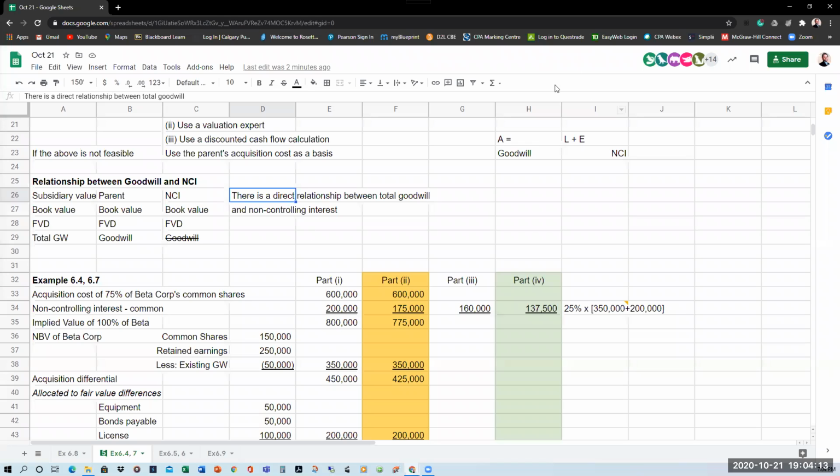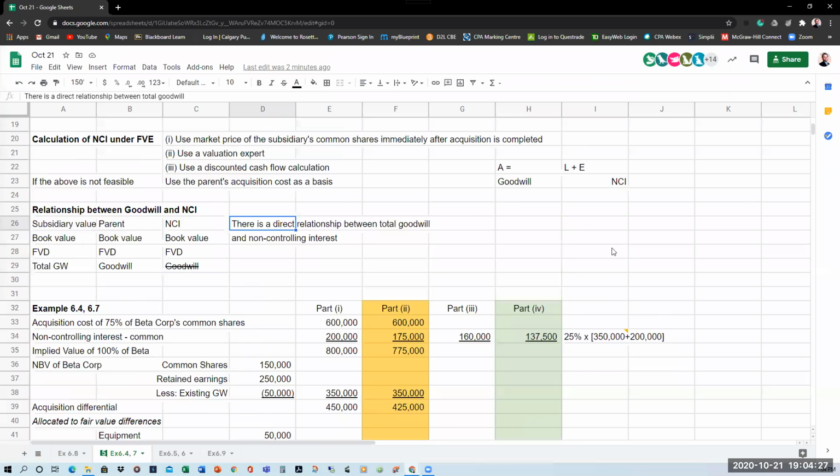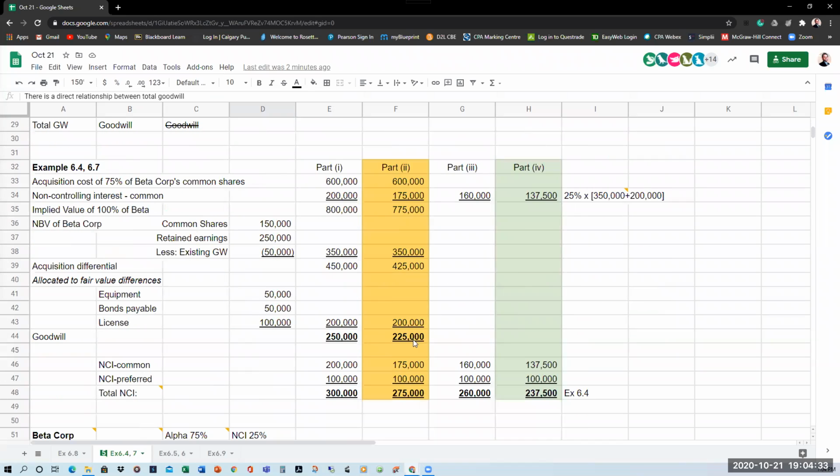What's the reason? Remember the good old-fashioned accounting equation, assets equal liabilities plus equity. NCI is reported in equity. So if the value of NCI in part two is lower, there has to be a corresponding lower number on the asset side. And that lower number is a lower amount for goodwill.